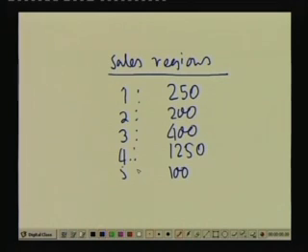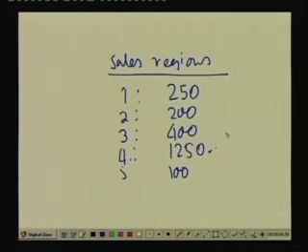So, suppose this is my sales region data. As you can see in this data, we have 4 values in the range of 100 to 400 and one value which is really very high, 1250, right.